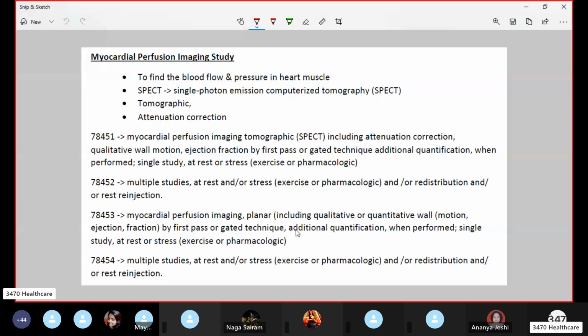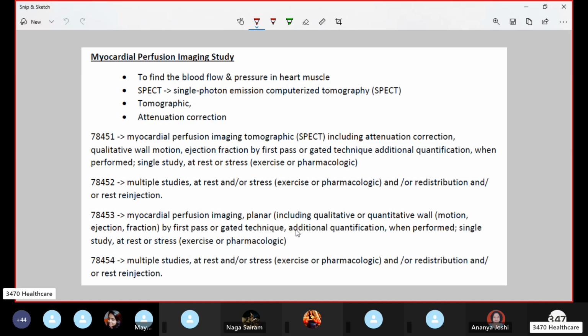Myo means muscle, cardial means heart, perfusion means flow. So in myocardial perfusion imaging study, they are checking the blood flow in the heart muscle. That is the myocardial. We have four codes, right?